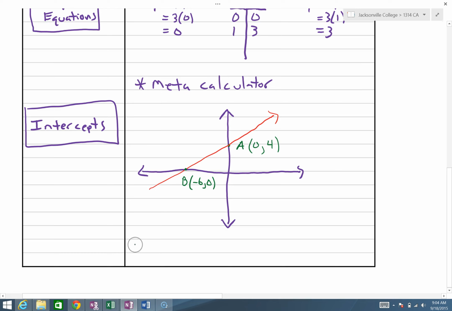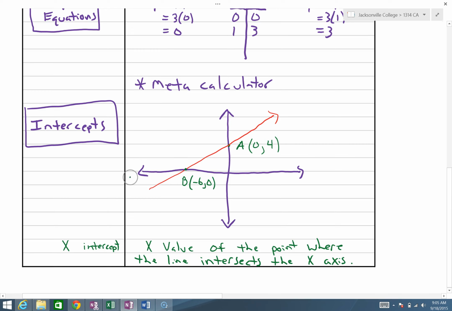X-intercept definition: the x-intercept is the x value of the point where the line intersects the x-axis.